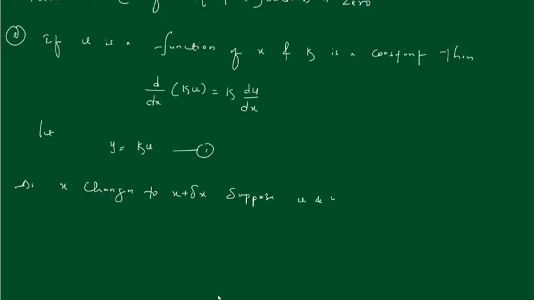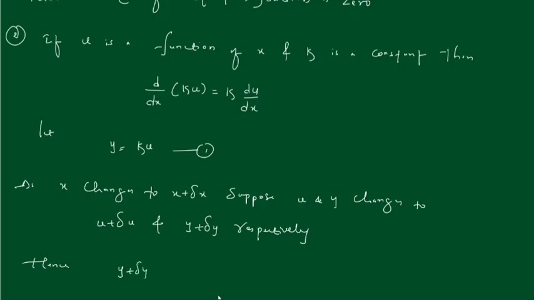Suppose u and y change to u plus delta u and y plus delta y respectively, right? So hence y plus delta y is equal to k into u plus delta u, take it as equation 2.